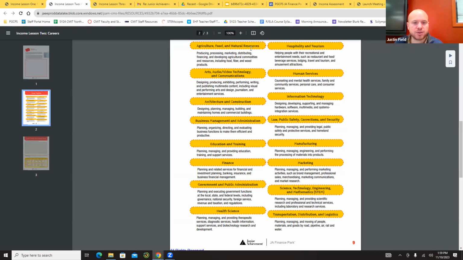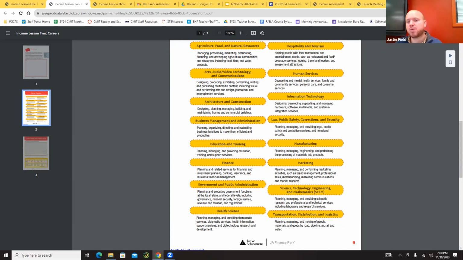Agriculture, food and natural resources. And so we have producing, processing, marketing, distributing, financing, developing agricultural commodities, resources including food, fiber, and wood products. So when you think of agriculture, you probably think of a farmer, because generally that's what we see. Agriculture, we think of that farmer on his John Deere tractor mowing down the corn, harvesting the corn, right?